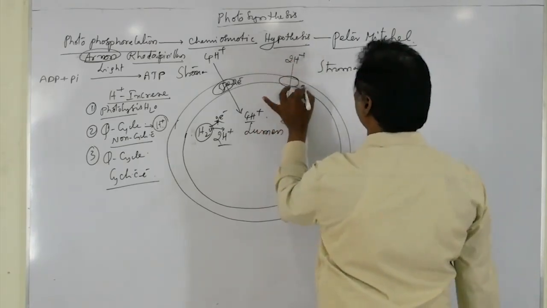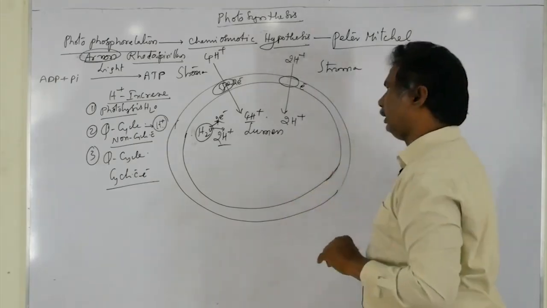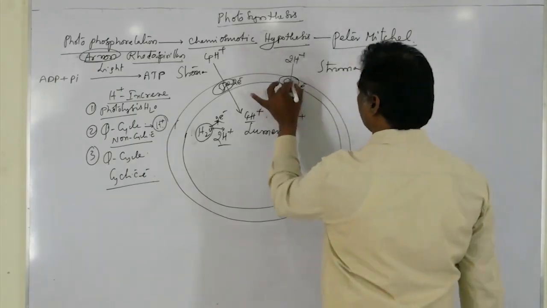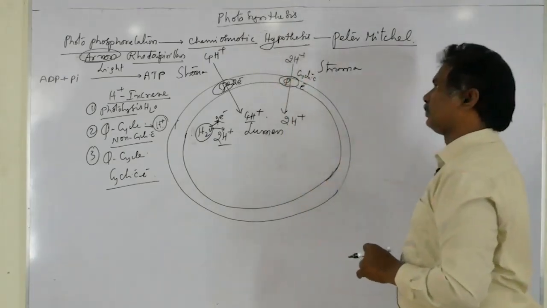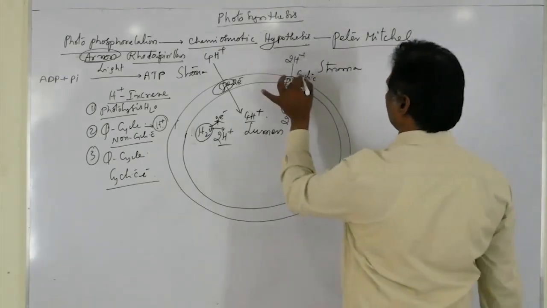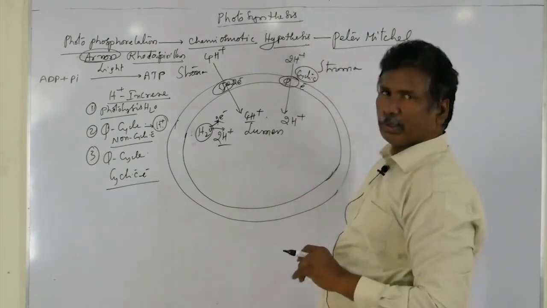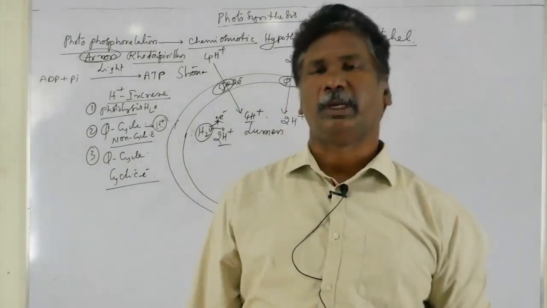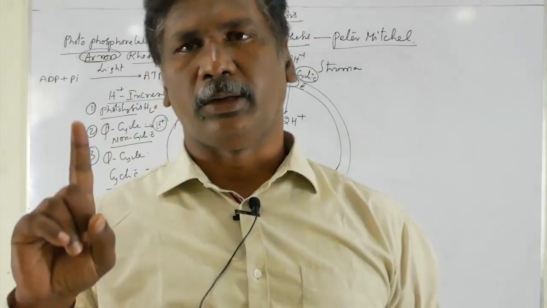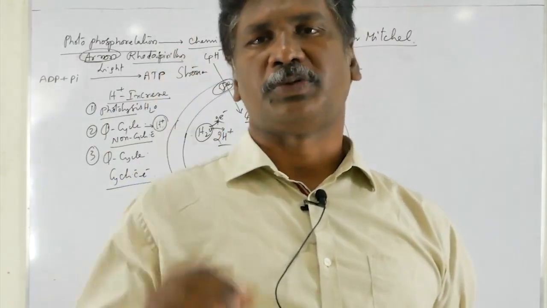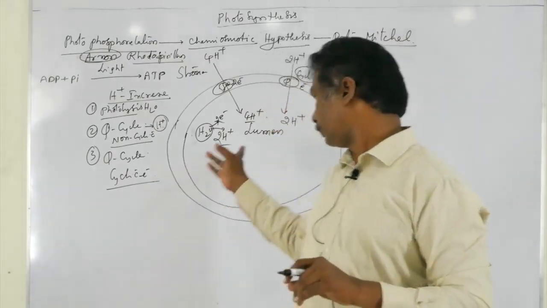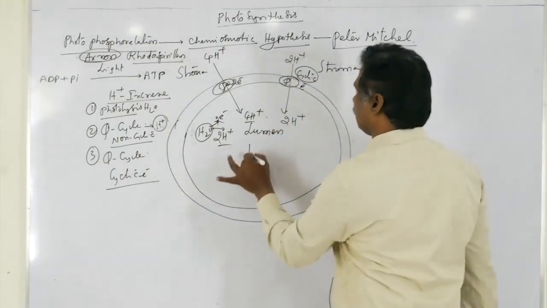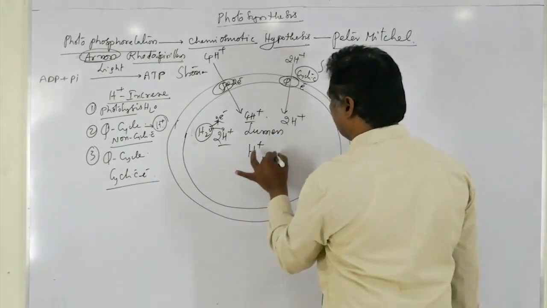Every one electron will translocate 2 protons in the quinone cycle of the cyclic electron transport. Anyway, overall the proton concentration is increased within the lumen.